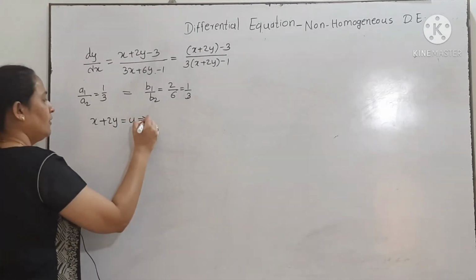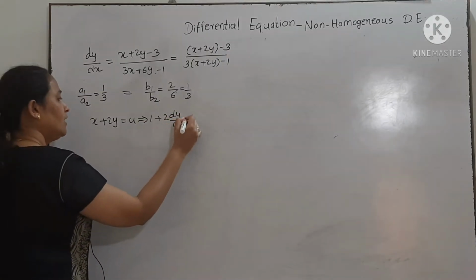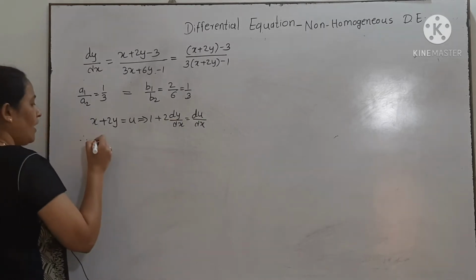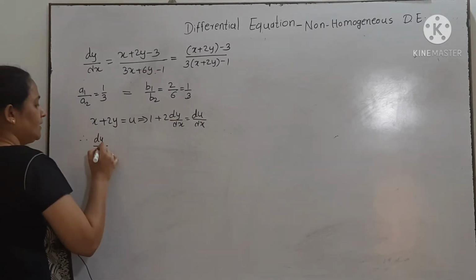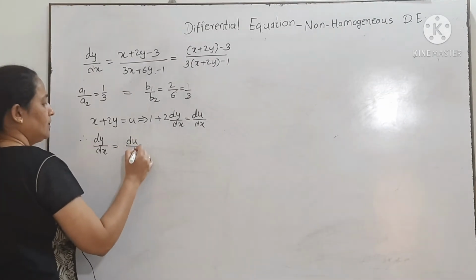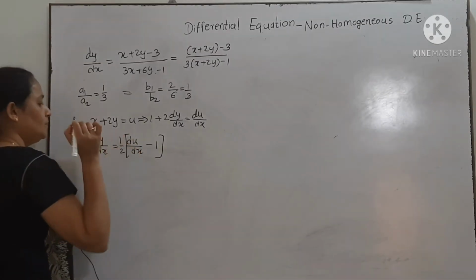This implies 1 plus 2 into dy by dx equal to du by dx. Therefore, value of dy by dx is (du by dx minus 1) into 1 by 2.